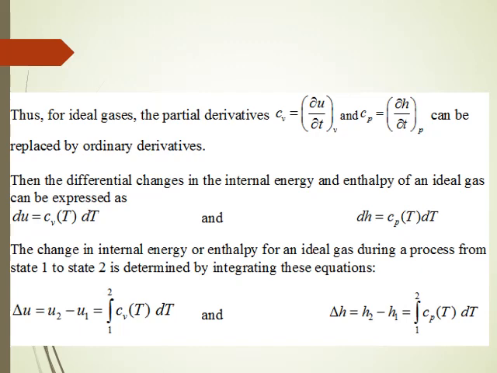To carry out these integrations, one needs a relation for Cv and Cp as a function of temperature. At low pressure, all real gases approach ideal gas behavior, and therefore their specific heats depend on temperature only. The specific heats of real gases at low pressure are called ideal gas specific heats or zero pressure specific heats, and are often denoted by Cp0 and Cv0.